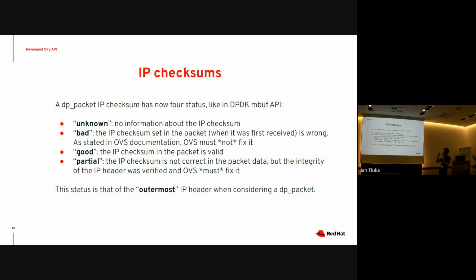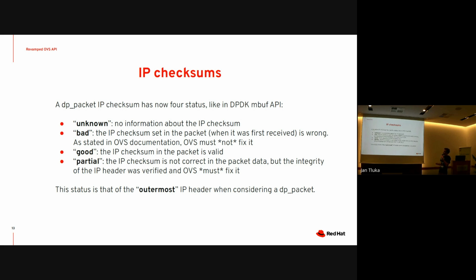But what is important is that we took the approach globally in the user space datapath that if a packet has a bad checksum, any modification on the packet through the OpenFlow pipeline must result in a bad checksum as well. We don't want to fix stuff because it would be hard to understand why it happened.